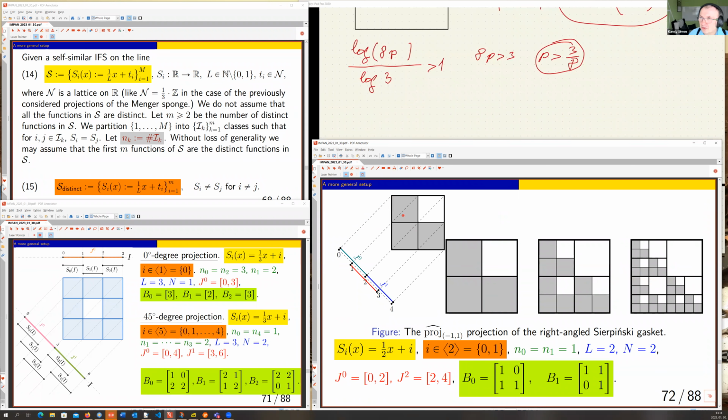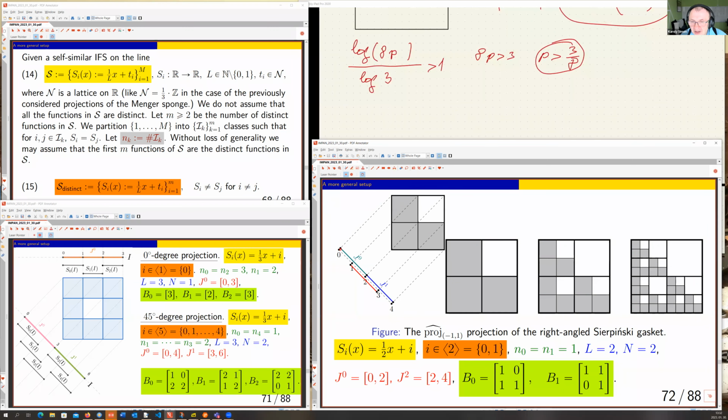Now I would like to show another example. The easiest example is if you take the right-angled Sierpiński carpet, then with probability P, you choose these gray squares. So the deterministic right-angled Sierpiński carpet, these are the first 3 approximations, and then you have this probability P, and you choose every square independently with probability P, and you play as usual.